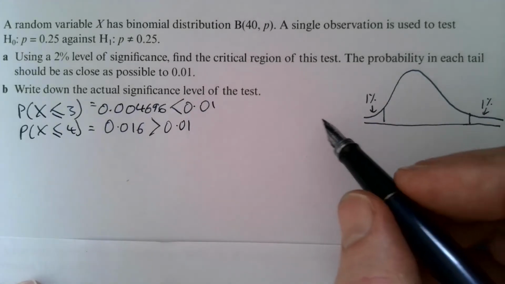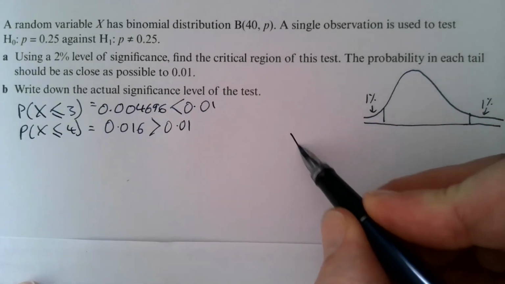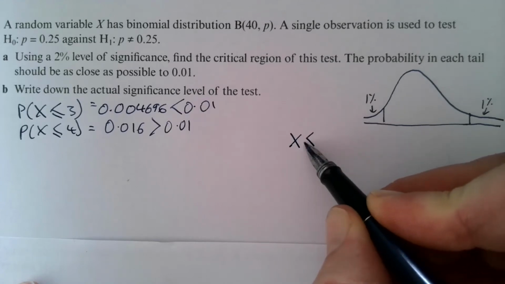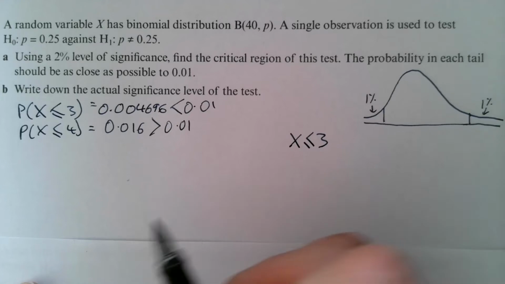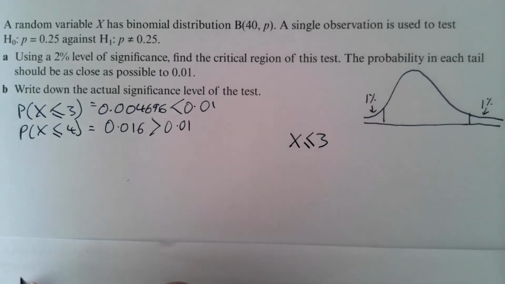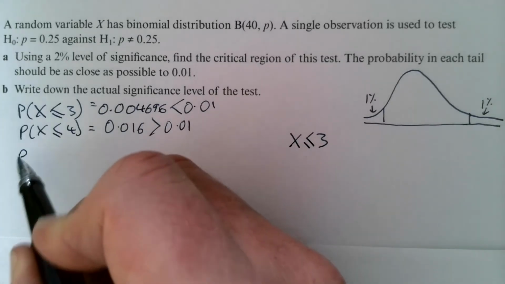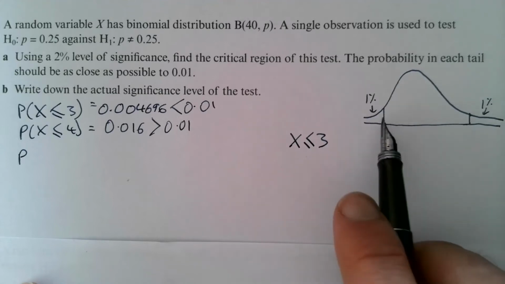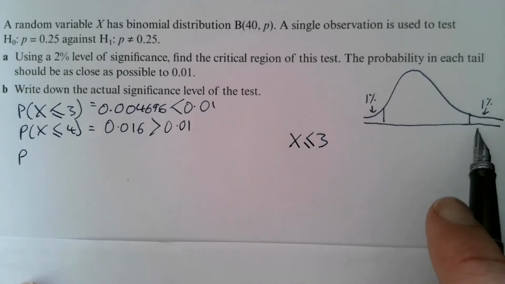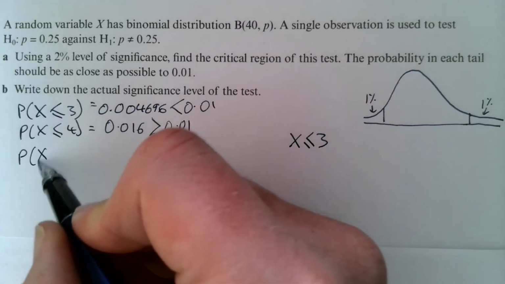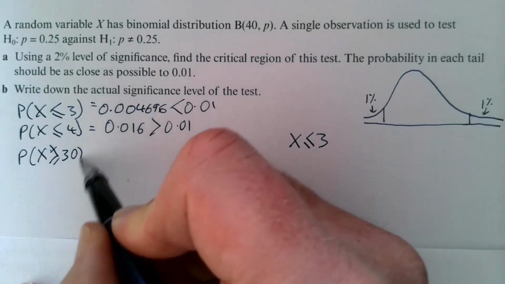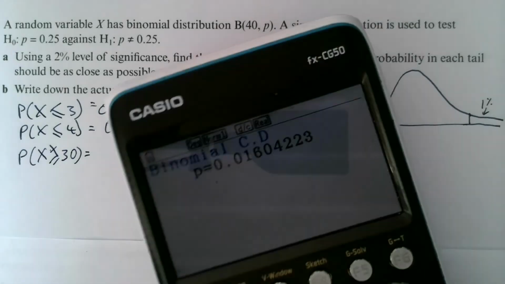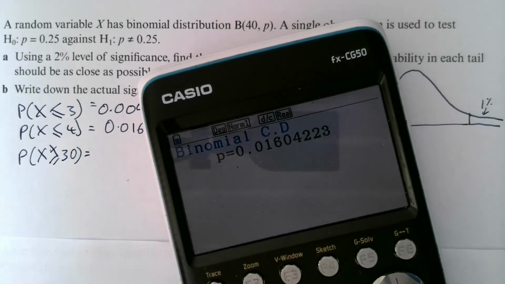So one of our regions is going to be x is smaller than or equal to 3, and the other tail, the top end tail, is going to be how many can we afford to have off the top. Now as we're expecting it to be more down there, I'm thinking that we can probably go a bit low, bit more than that. So let's go for 30 and see what that gives us.